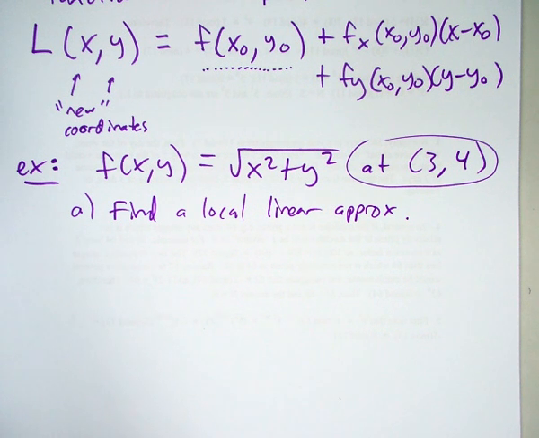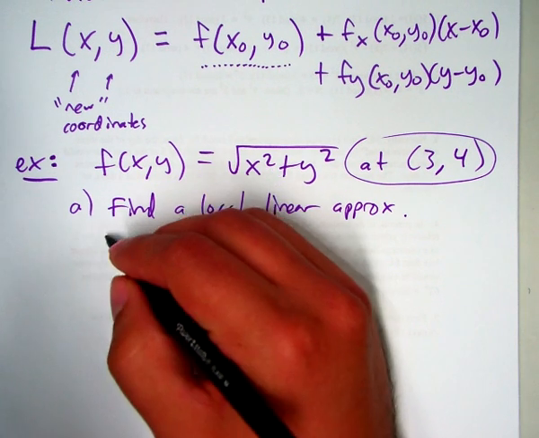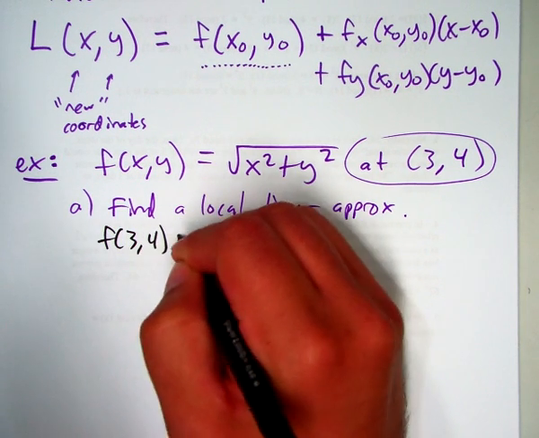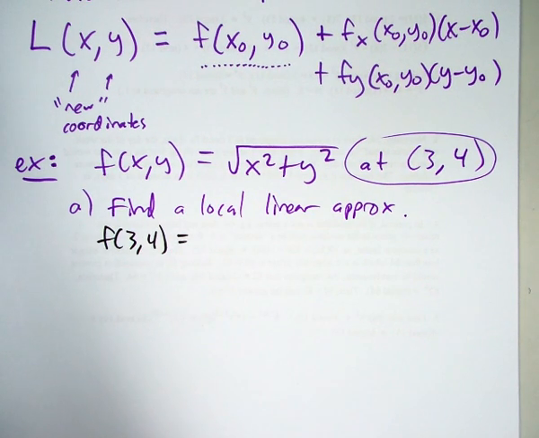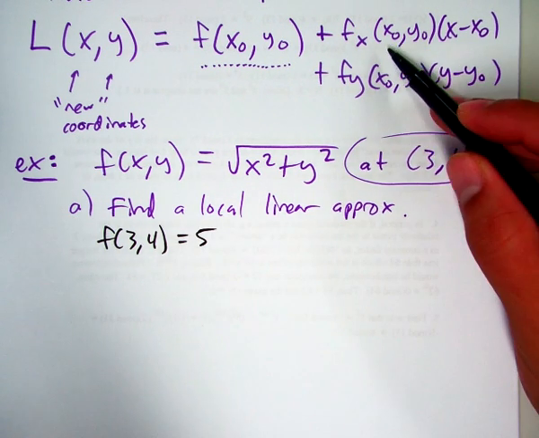Okay? So what do we need? We first need to find what? So what is f of 3, 4? Next, we should find partial x.